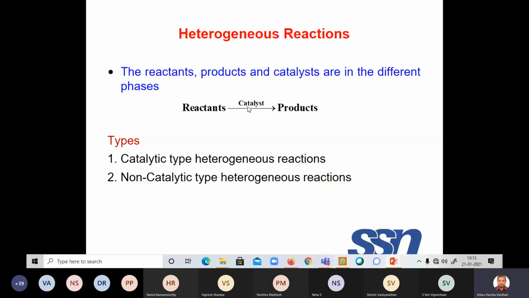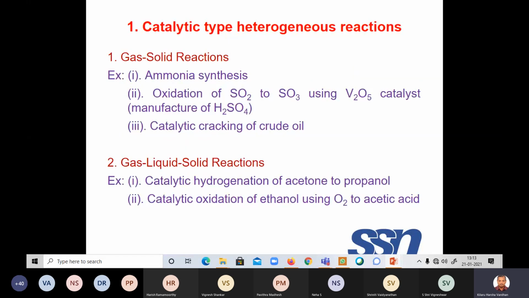Whereas the catalyst should be present. Generally, the catalyst will be in solid form. It does not mean that a catalyst should only be solid. It can be anything, but for our purposes, we'll go only for a catalyst that is solid. So we'll see those catalytic type heterogeneous reactions.